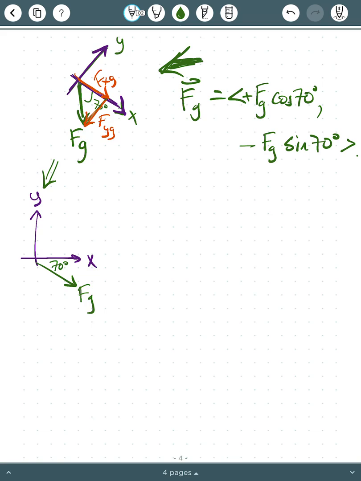Okay. Now let's apply these same geometric principles to thinking about the angles that we need to use in a torque problem. So now I'm going to draw an example torque problem. So I've got the top of a bolt here. And I've got a wrench.